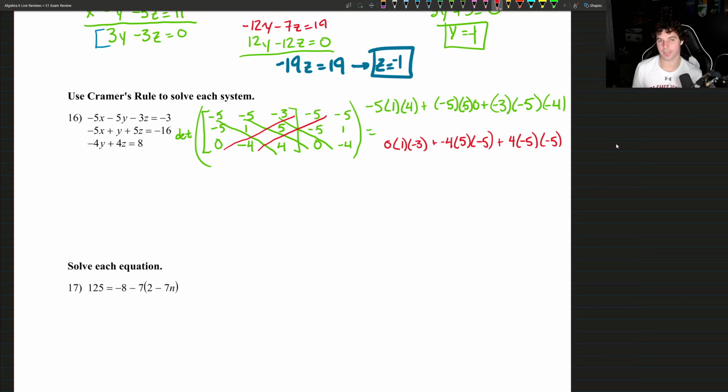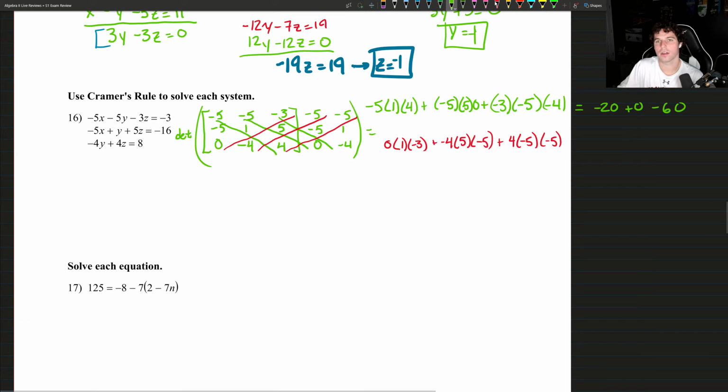So you're going to get two numbers, a number in green and a number in red, and you are subtracting those two. You take the product of the diagonals in green, add those together, and then you take the diagonals in red. If we do a little bit of math here, this top part is -20 plus 0 minus 60. 3 times 5 is 15 times 4.